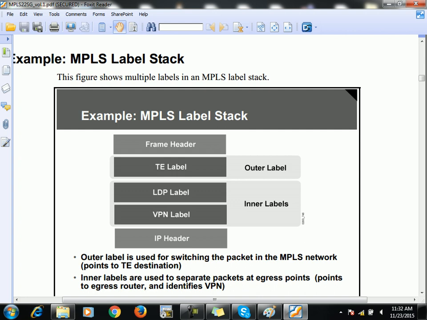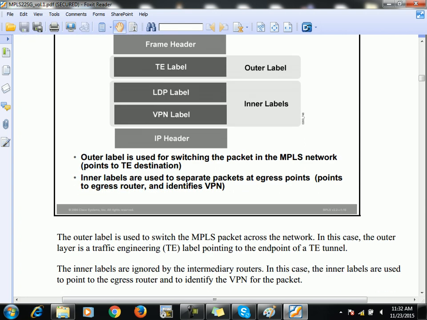The label just after your layer 2 header is called the outer label, and all other labels will be known as inner labels, or you can also call them top, middle, bottom. This T label will be the top. Whatever you have just after the layer 2 header will be called the top label, then the middle label, then the inner label or bottom label.